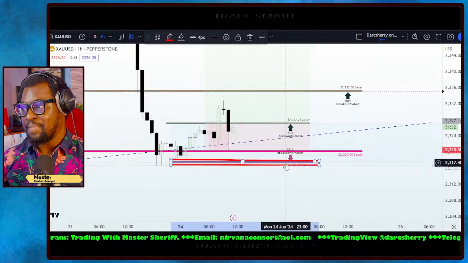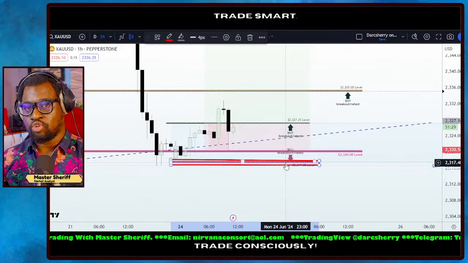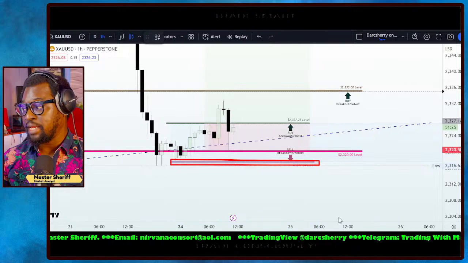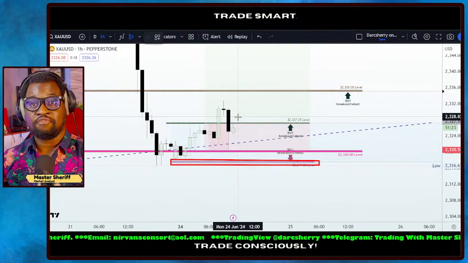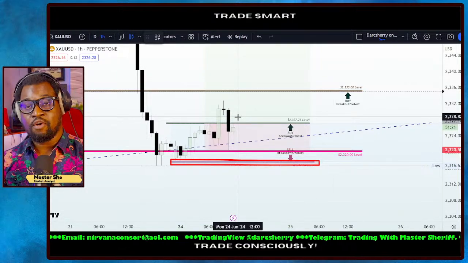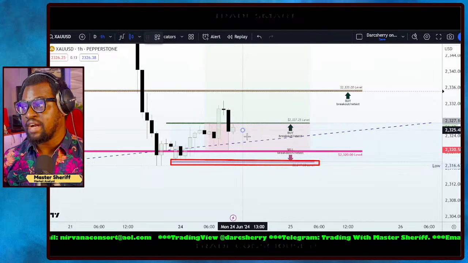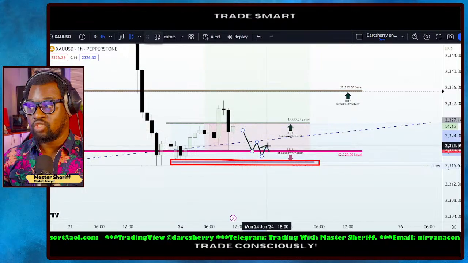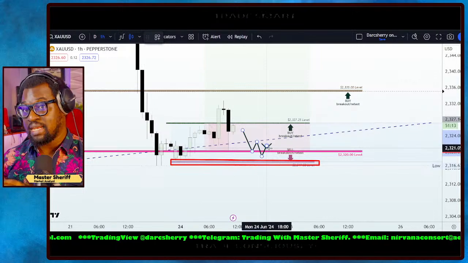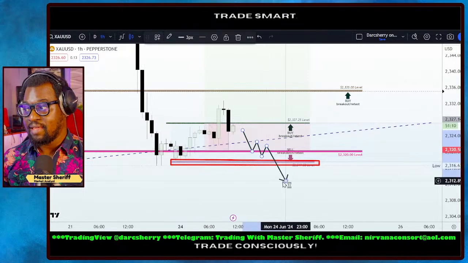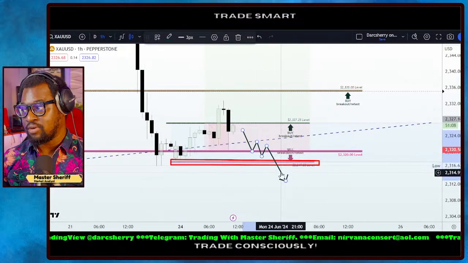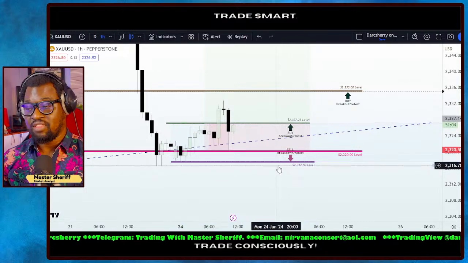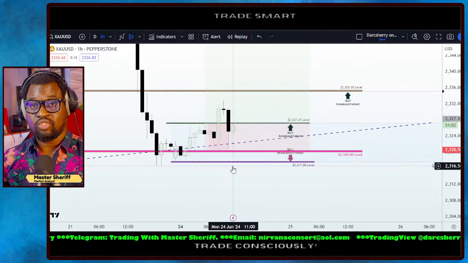So having a sell stop order below that structure makes a lot of sense, and in fact we could see the privilege of joining if we see any signs of consistent uniform lower lows and lower highs on our lower time frame after price breaks down this ascending trend line. So if we see something like this, we can actually join earlier than the breakdown of the $2,317.50 level. I doubt if this will happen, but if it does happen, let's be on standby to capitalize on this opportunity.